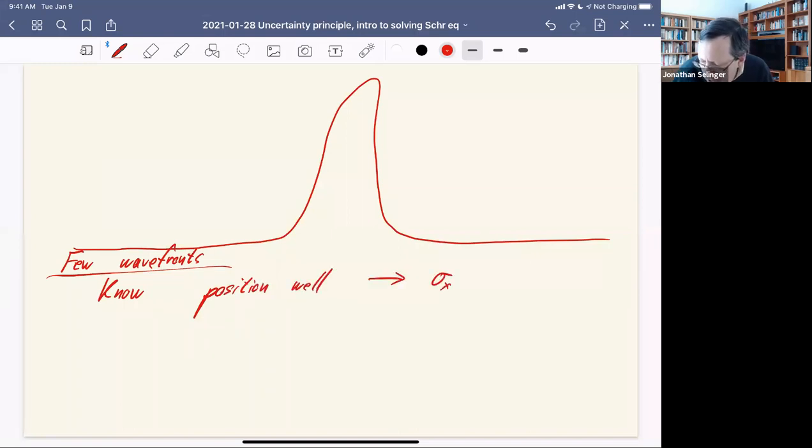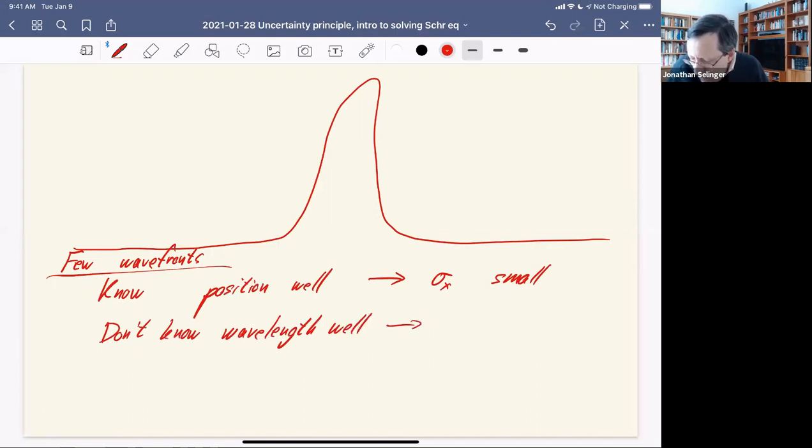That is, sigma x is small, but you don't know the wavelength well. So the uncertainty in the wavelength is large, which means that the uncertainty in the momentum is large.